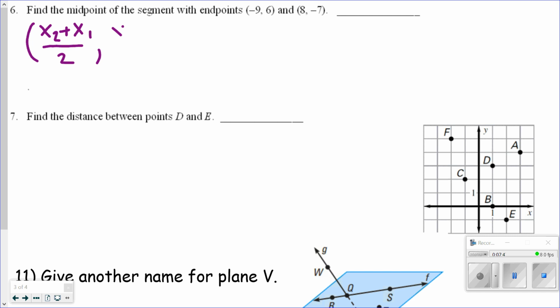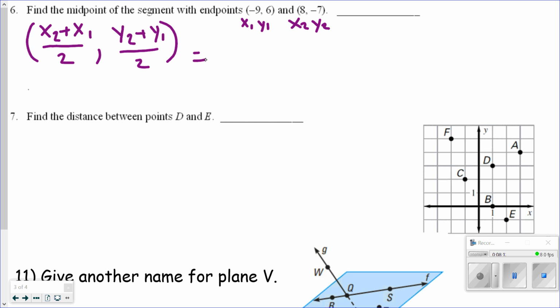And y2 plus y1 over 2. That's how you find the y-coordinate. Now going back to the 2 coordinates that I am given, (-9, 6) is the first coordinate, so I'm going to call that x1, y1. (8, -7) is my second coordinate, so I'm going to call that x2, y2.